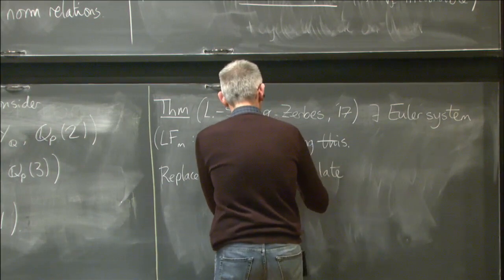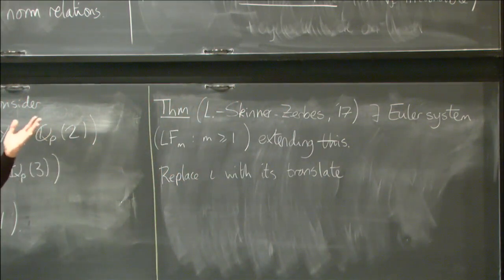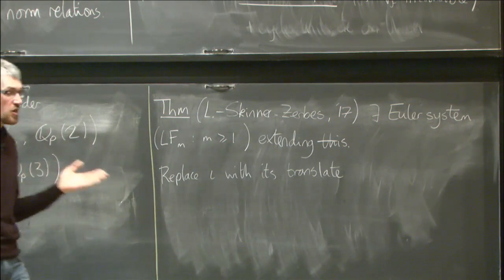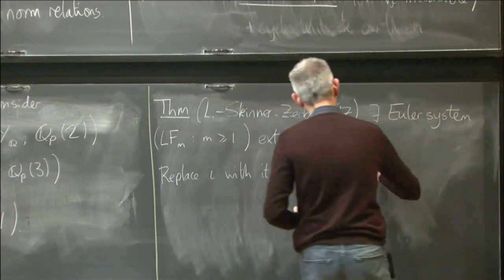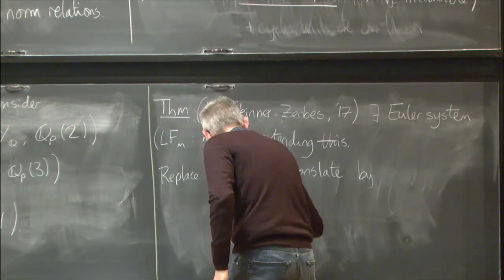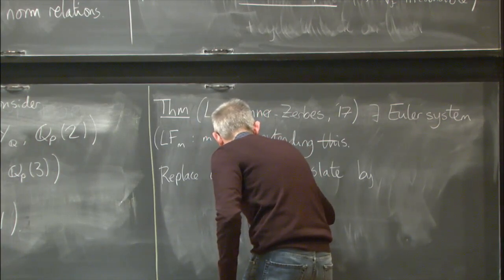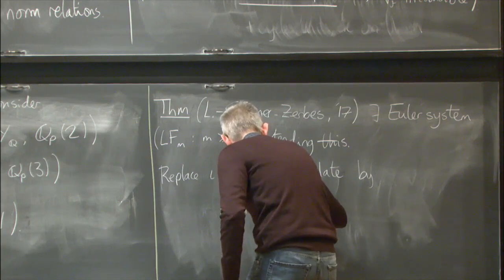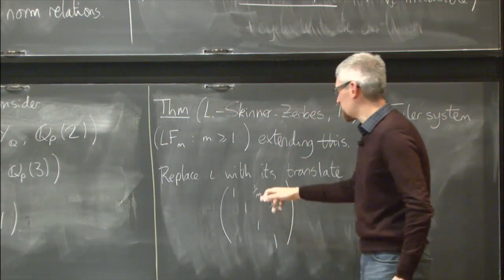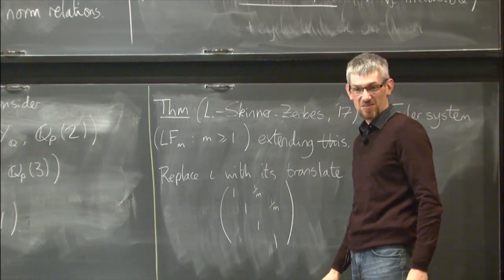And what you do in both cases is you take the naive embedding and you translate it by a sufficiently generically chosen unipotent element of your group. In this case, you take the element of GSp4 that looks like this. You put 1 over m's in the above diagonal places that aren't hit by the subgroup H.